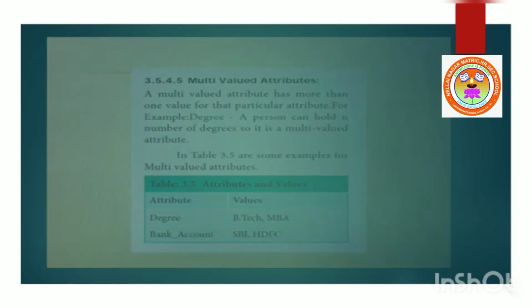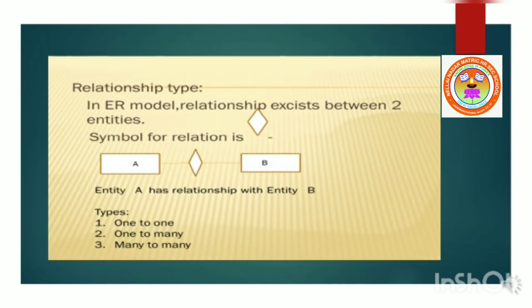Okay, next comes relationship type. Relationship is nothing but, in the ER model, a relationship exists between two entities, and three types of relationships are available: one to one, one to many, many to many.